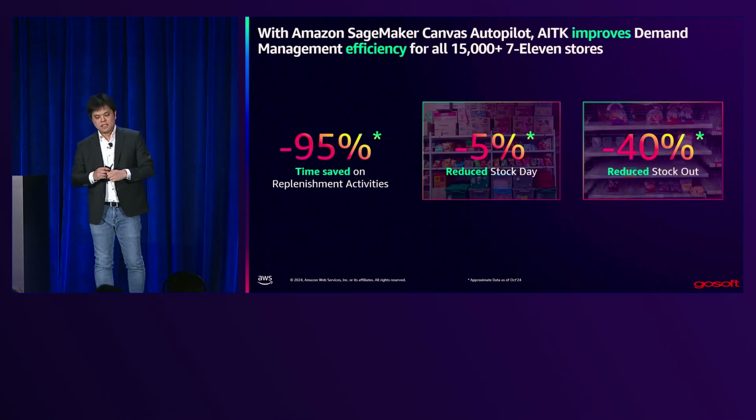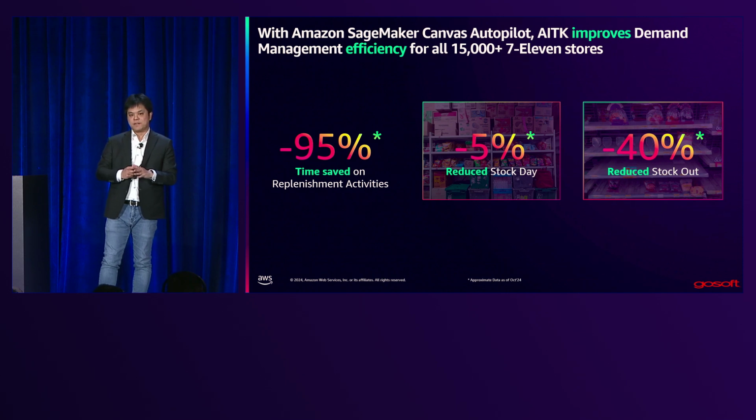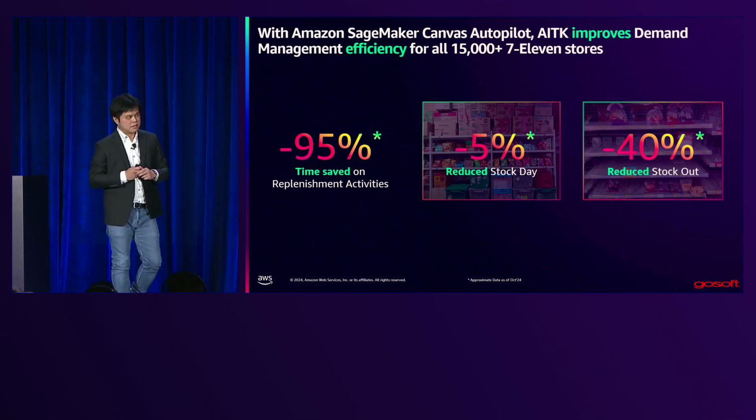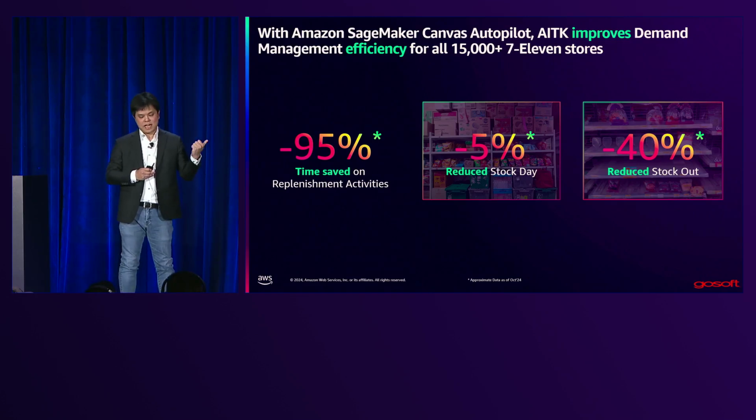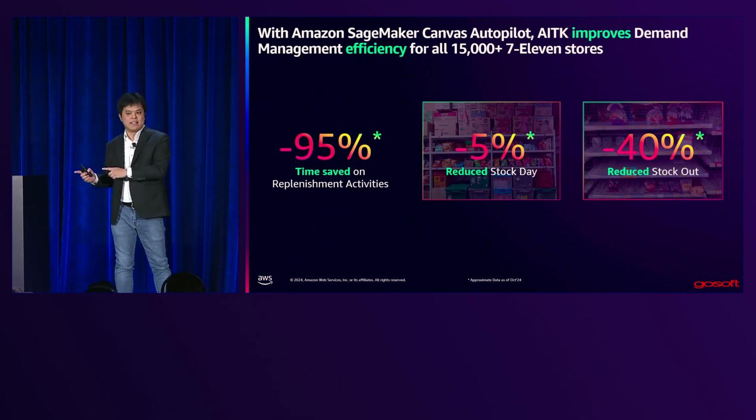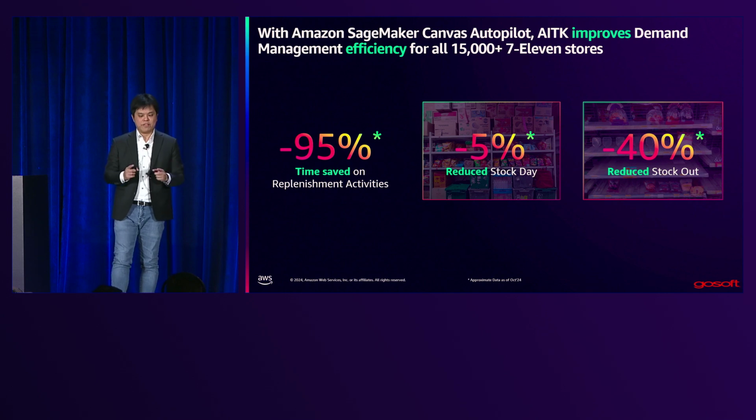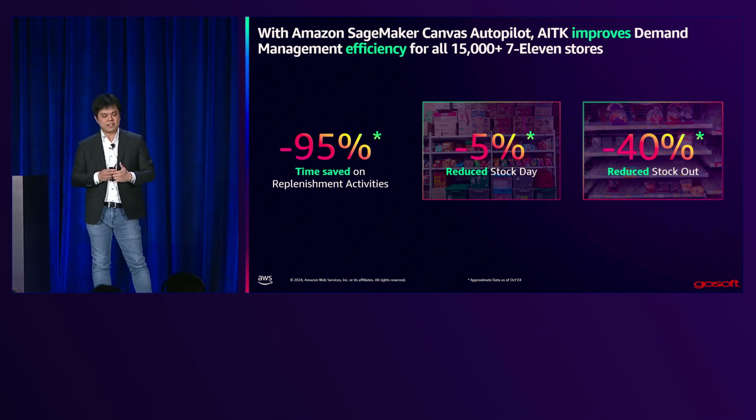Okay, so throughout the adoption of SageMaker Canvas AutoML, we managed to achieve our desired results. The first one, time to replenishment, is reduced from 120 minutes to 1.5 minutes, with a 95% improvement, right? And for the stock day, it decreased by 5%, and stock out decreased by 40%, which is a huge improvement.